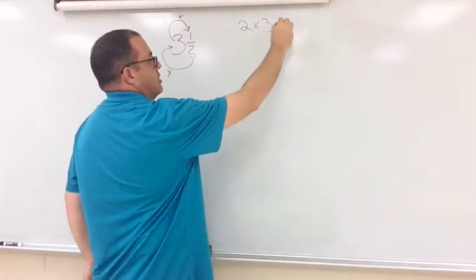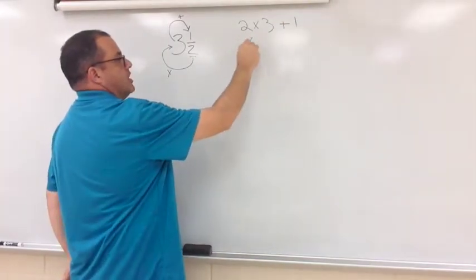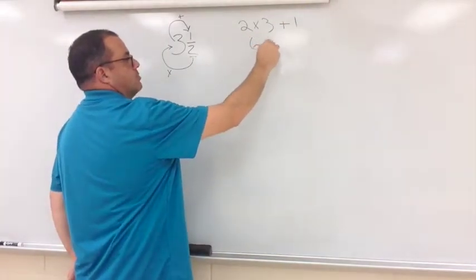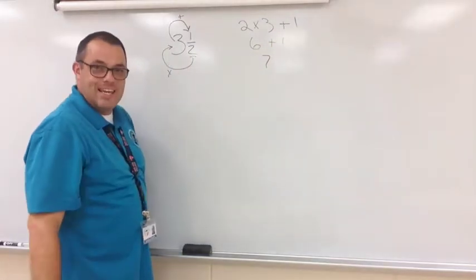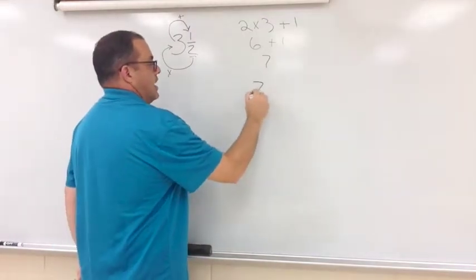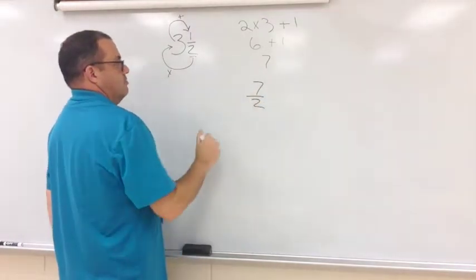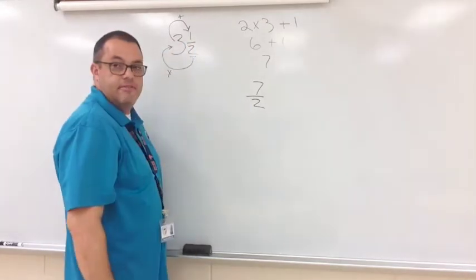So I've got 2 times 3 plus 1. So 2 times 3 is 6, and then 6 plus 1 is 7. Then I'm going to use the same denominator. I'm not going to change my denominator. So it is now 7/2. So 3 1/2 equals 7/2.